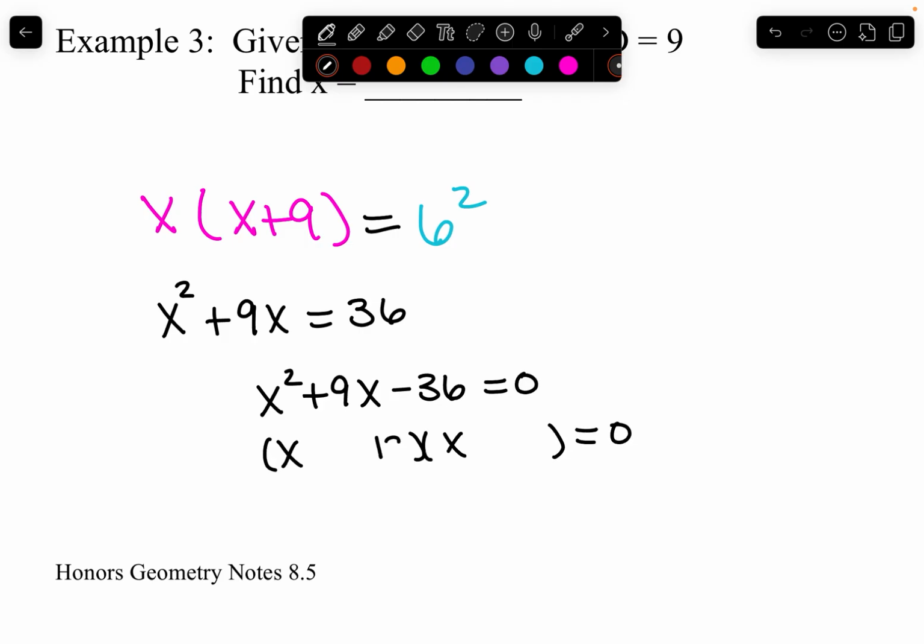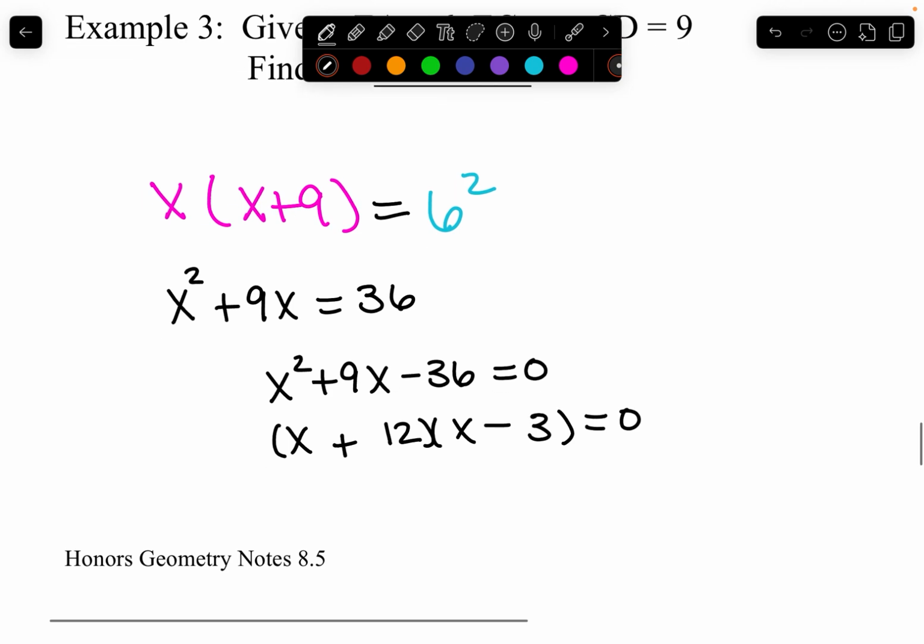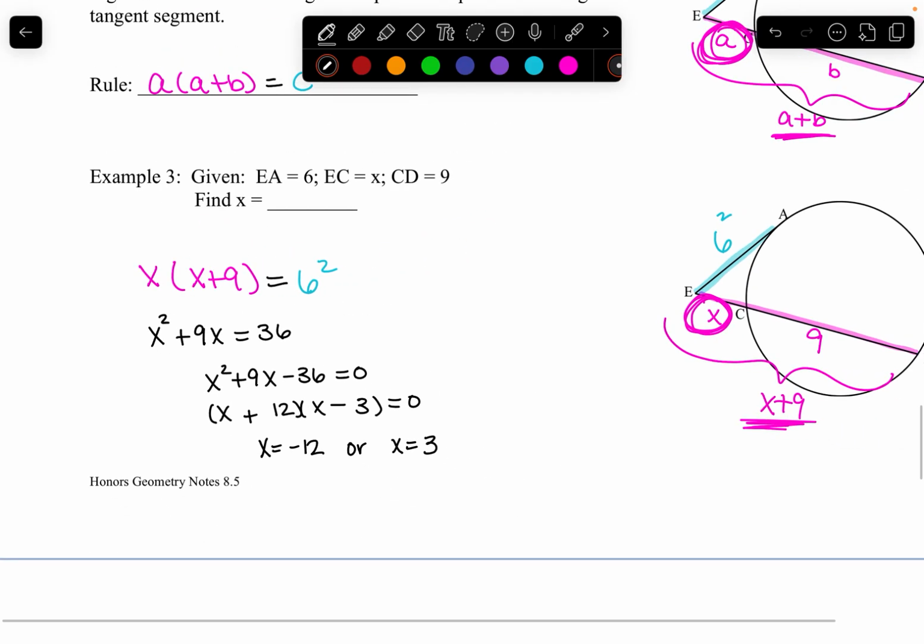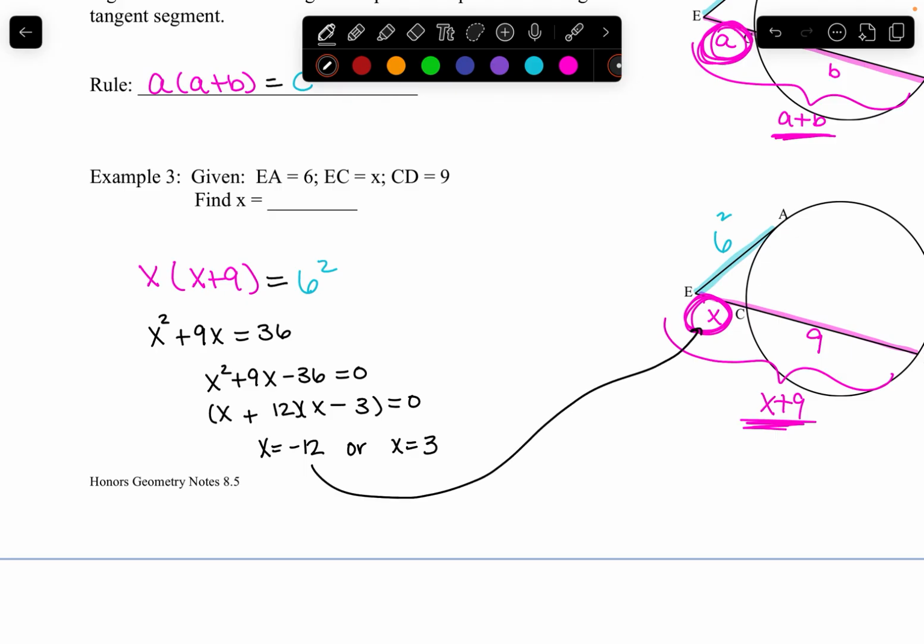X, 12, and 3, I believe. And we want a positive 12 and a negative 3. So x will equal negative 12 or x will equal positive 3. Sorry, my dog is being crazy. X cannot be negative 12 because we cannot have a negative length out there. So x has to be 3.